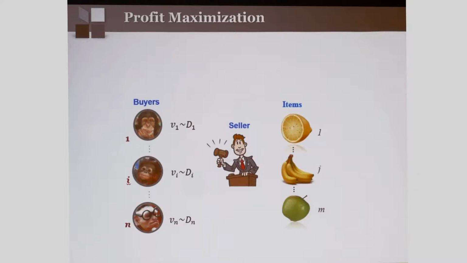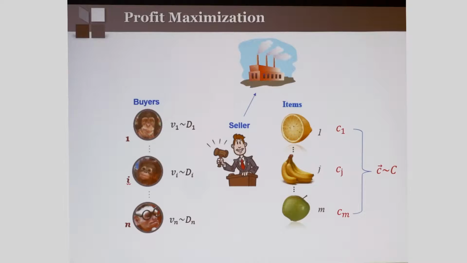In our paper, we consider a realistic generalization of this setting where we allow the seller to have a cost on each item. You can view this cost as a production cost, which the seller needs to pay to produce the item, or you can view it as an opportunity cost where there's an outside option which allows the seller to sell this item at a certain price.